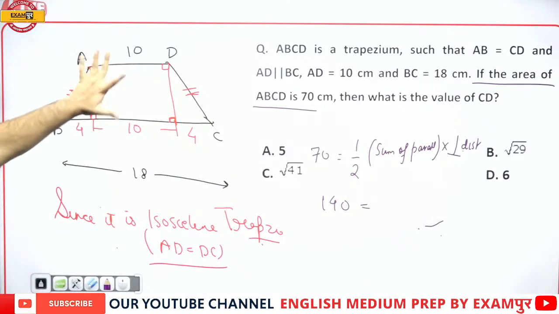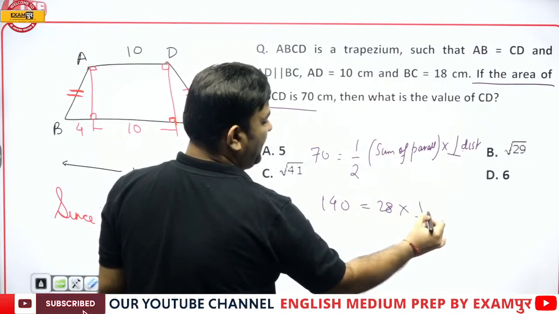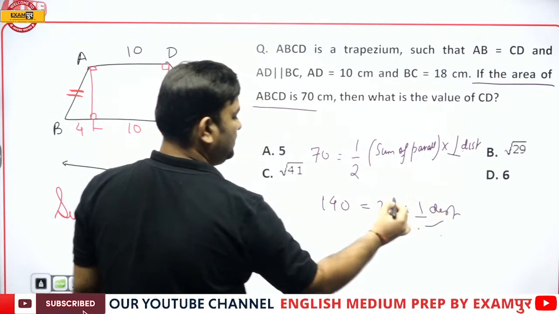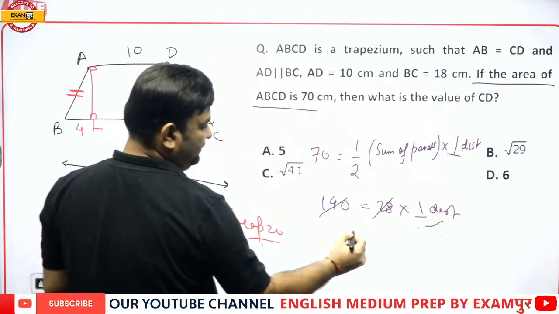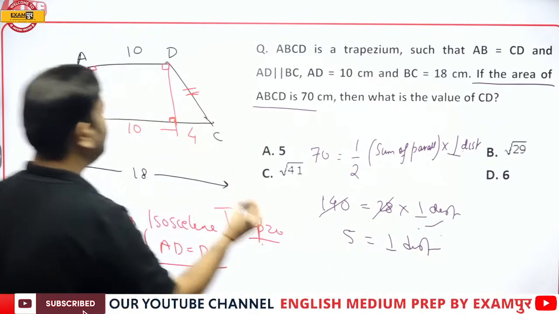Sum of parallel sides is 28, so the perpendicular distance is 5.